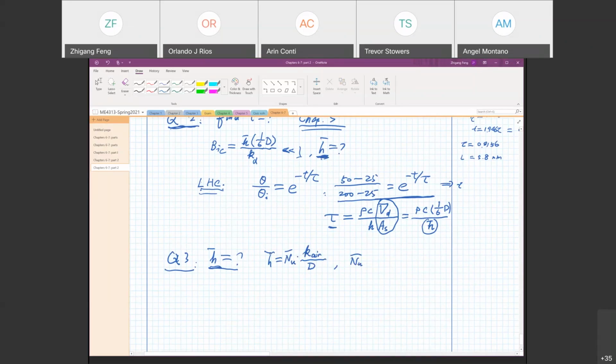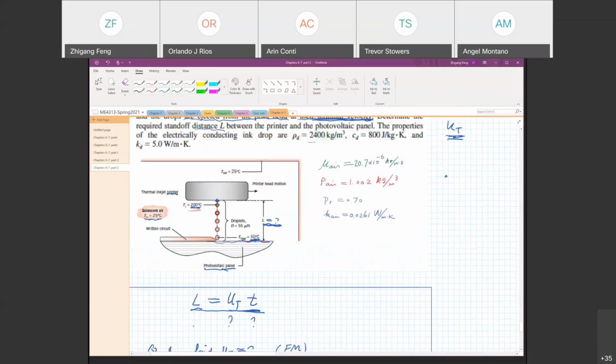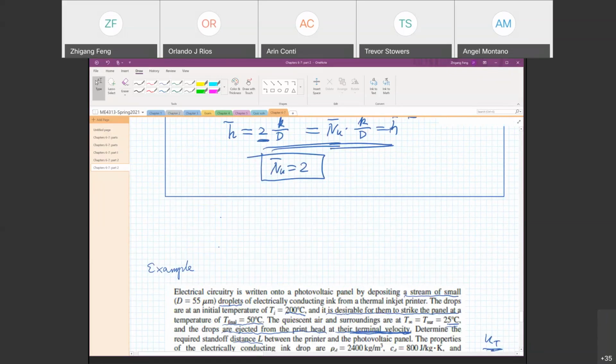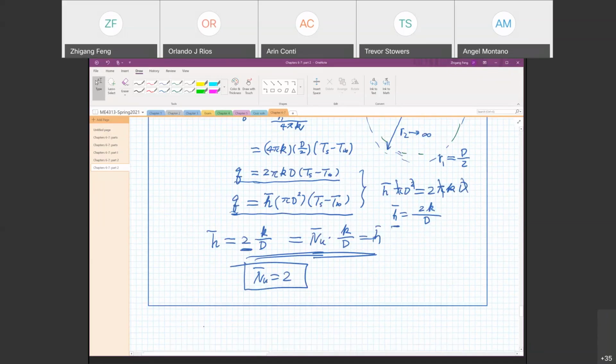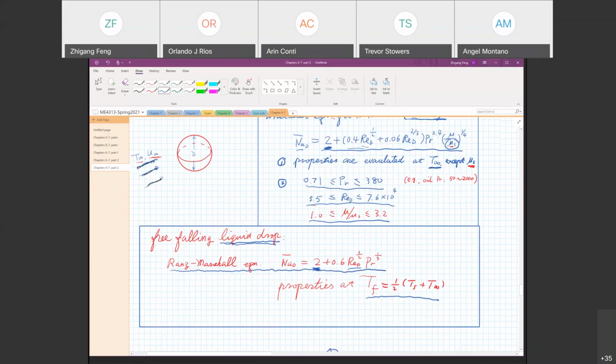The Nusselt number can be found using the Ranz-Marshall correlation, which equals 2 plus 0.6 Reynolds number to the power of, I believe 1/4, Prandtl number to the 1/3. Let me double check. I did some research in this area, so I'm pretty familiar with these correlations. Let me see. It's 1/2, not 1/4. My bad.